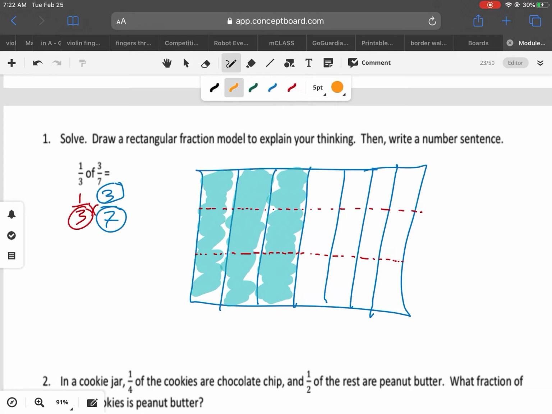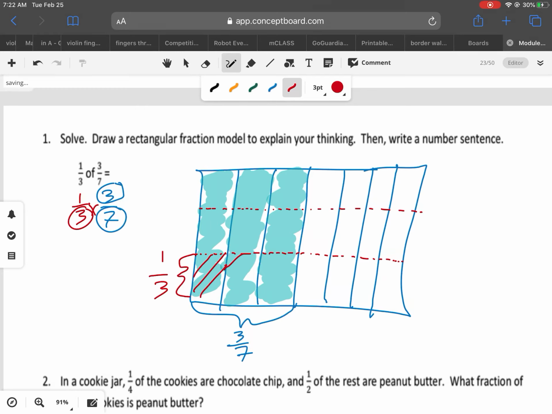Alright, so now we need 1/3 of this section, so this part is 1/3, and this part here is our 3/7.